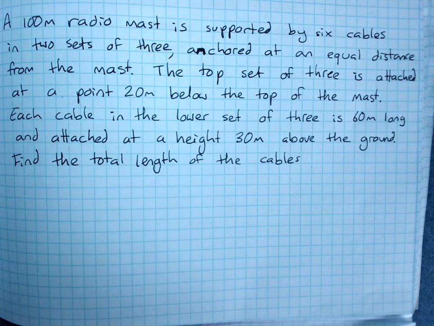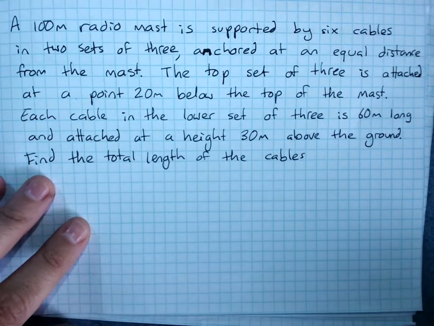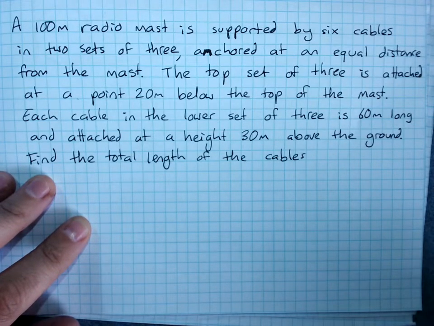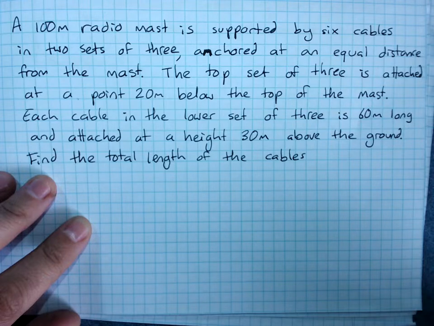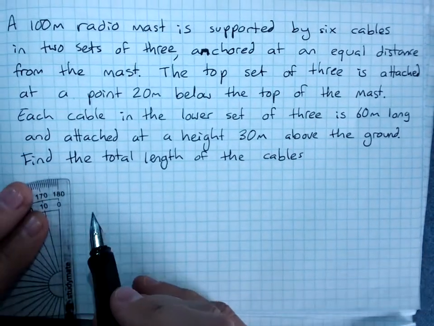Here, and I cannot stress this enough, a 2-dimensional diagram is your friend. Even though it's a 3D situation, you only need to find the length of one of the pairs of cables and then multiply by 3.